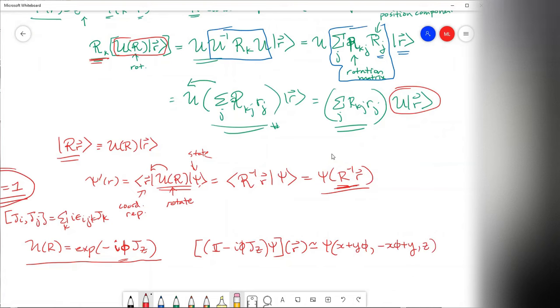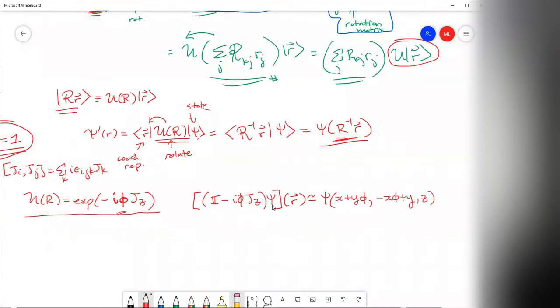Now if we Taylor expand the function to linear order in phi, that's always what we do, expand to leading order in phi, like a Taylor series. So this is approximately equal to psi, the original psi at the original coordinate, plus the linear terms, which are y partial x psi minus x partial y psi.